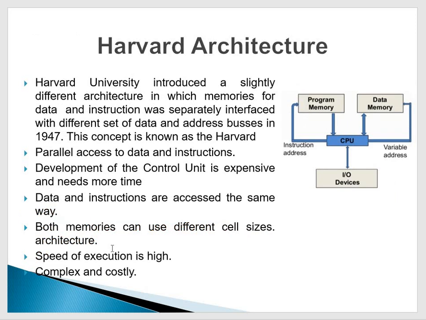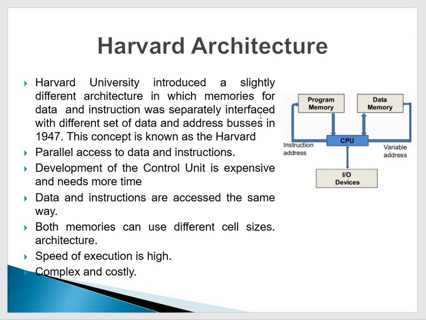Next is the Harvard architecture. The Harvard architecture was introduced by Harvard University, and it was a slightly different architecture from the von Neumann architecture. In this case, the CPU was interfaced with the data memory and program memory through two different sets of address and data buses.